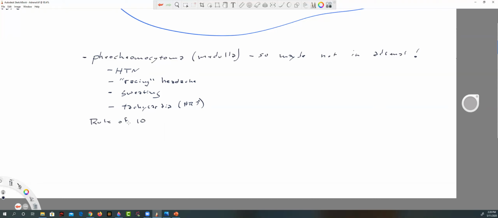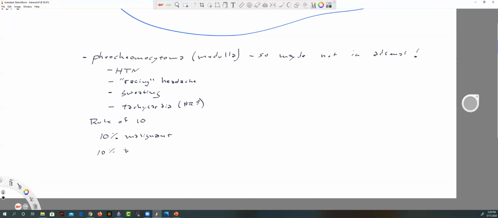Rule of 10 with pheochromocytomas. 10% are malignant, which means, of course, 90% are not, but I don't like that 10% odds either when it comes to my life.